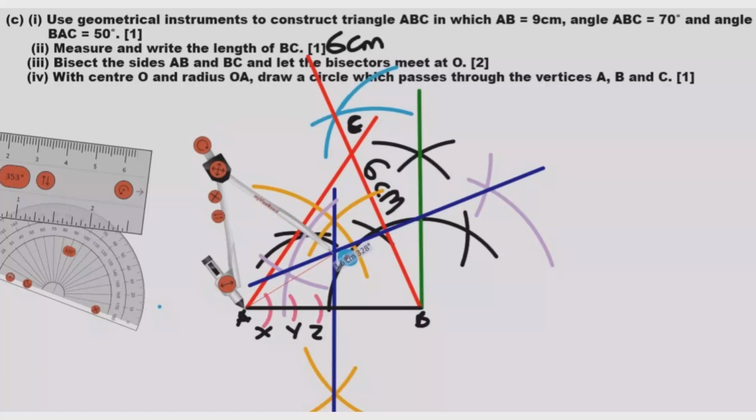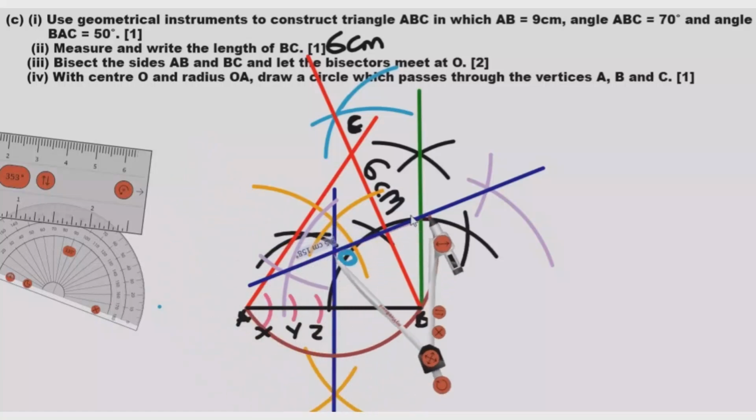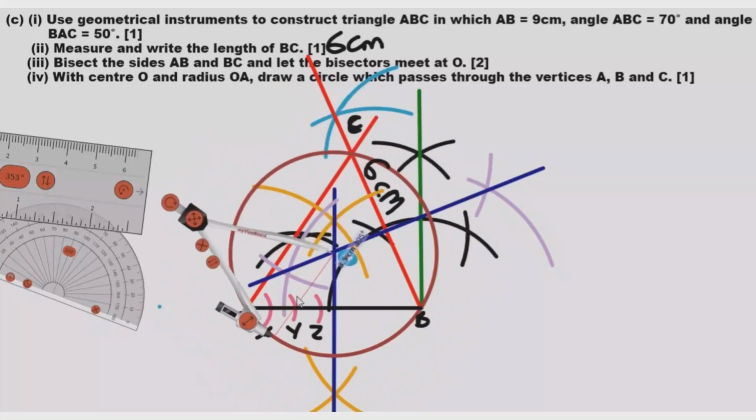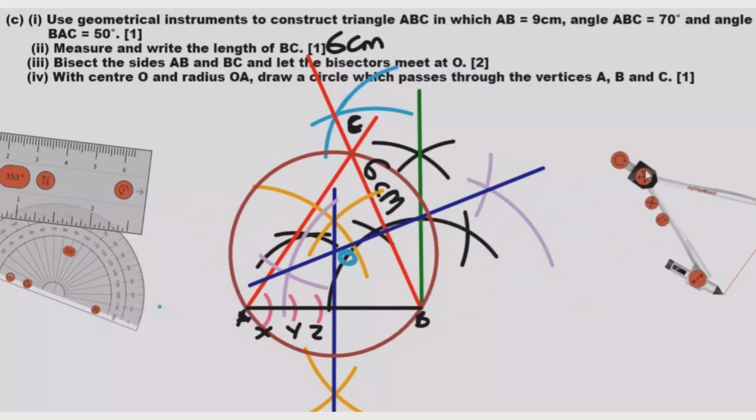Then what we need to do next is draw the circle. Now let's draw the circle. Now, if my work is well done, this is the kind of circle I'll come up with.